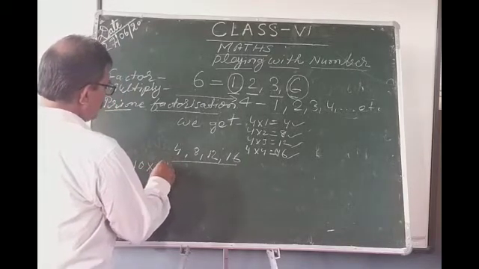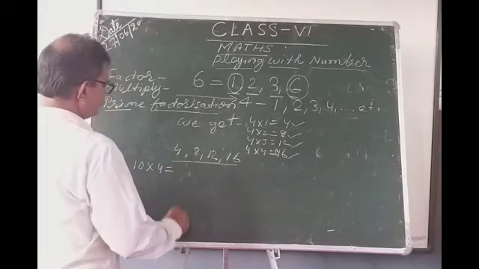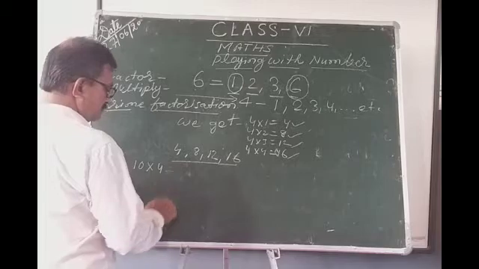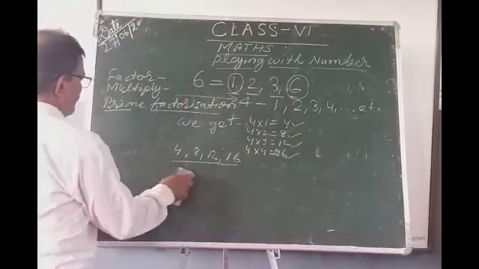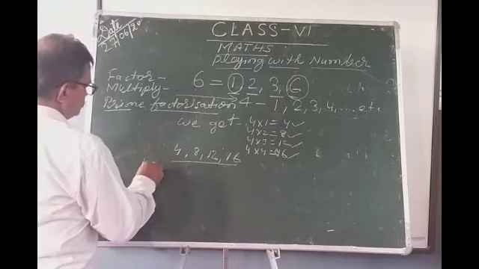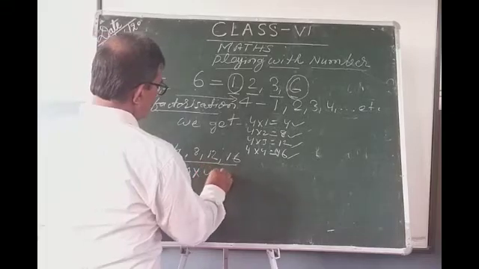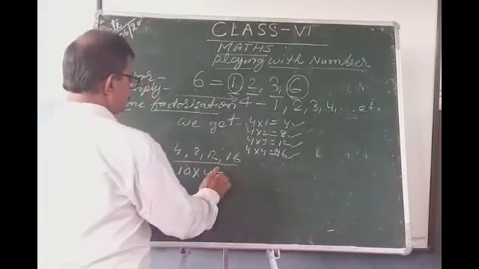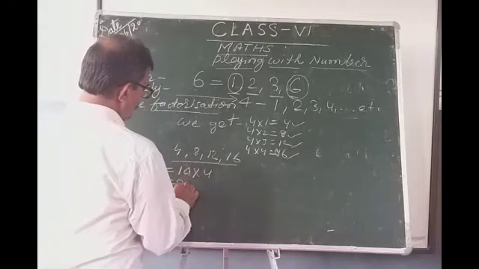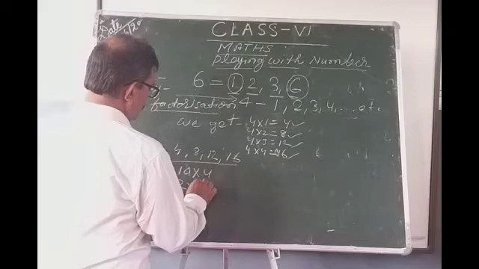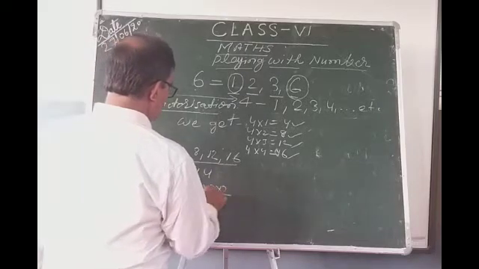40 is equal to 10 into 4, which is 2 into 5 into 2 into 2.